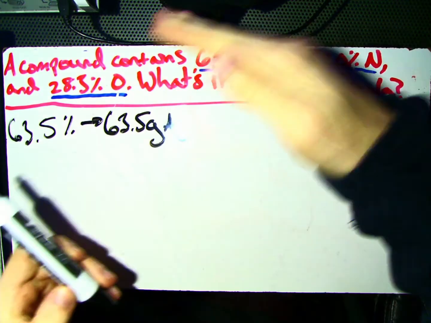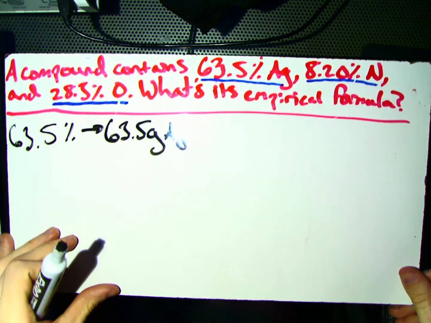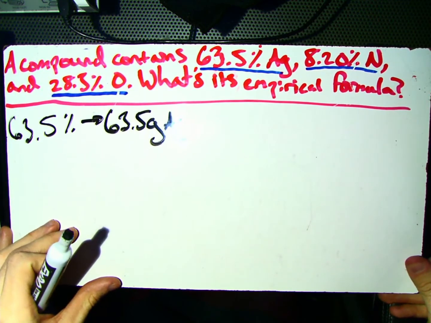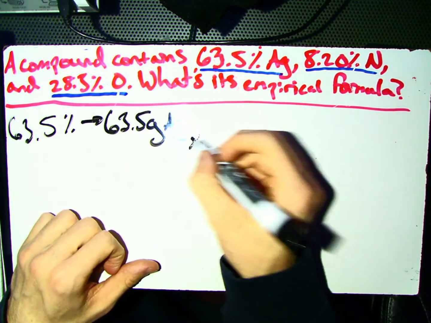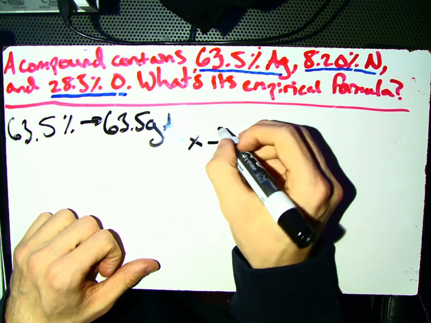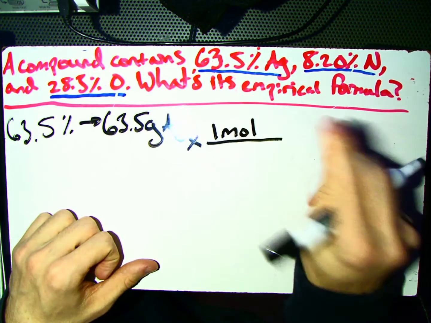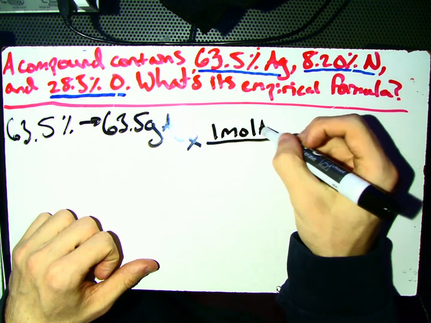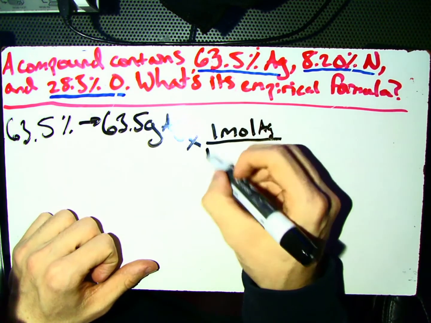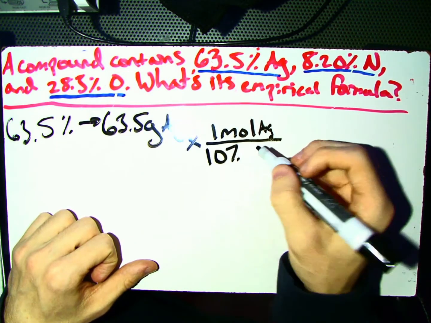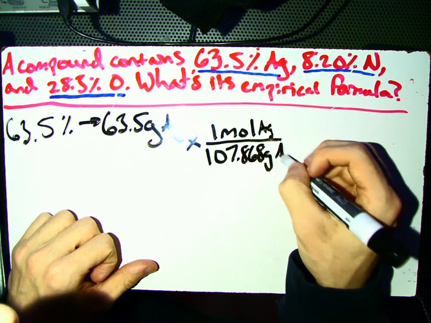It's a little bit hard to see with the glare, I guess. Maybe I'll move that a little bit. It says Ag, silver. Okay. We have 63.5 grams of silver, and we need to get that into moles. Well, in 1 mole of silver, if you look at a periodic table, the molar mass of silver is 107.868 grams.